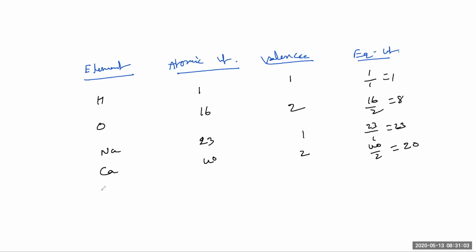Take many elements. Aluminum: what is the atomic mass? 27, valency 3, so 27 by 3, that is 9. Like that. Note down.